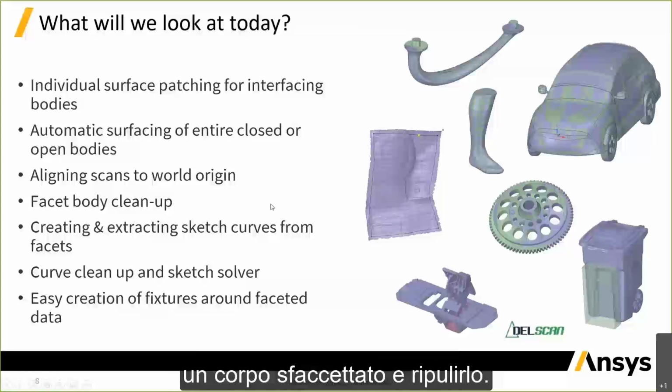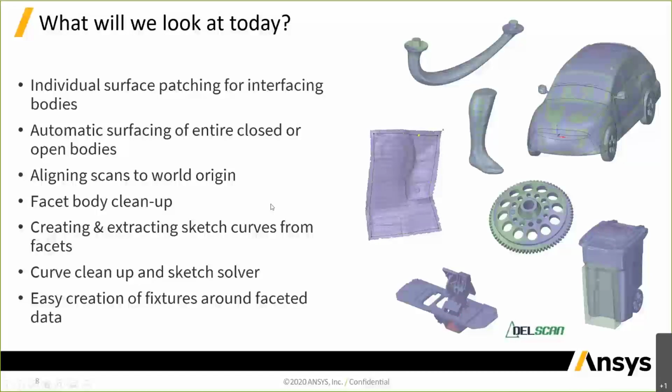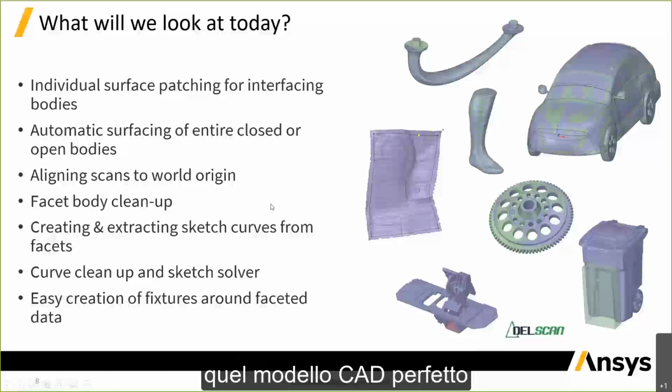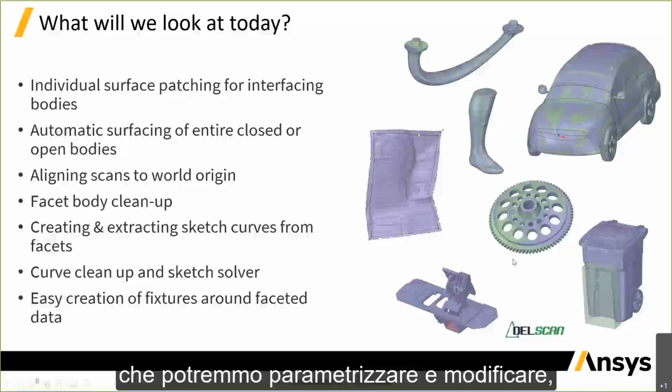We may also want to take a faceted body and clean it up. Not all bodies or scanners will clean up there. But then, if we ultimately need to create that CAD perfect model that has symmetry and planar faces, primitive cones and cylinders, draft, things that we could parameterize and modify.